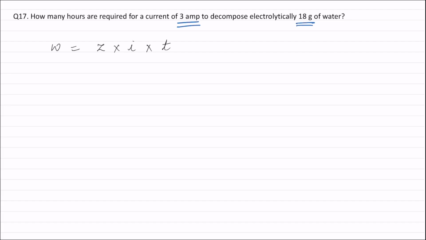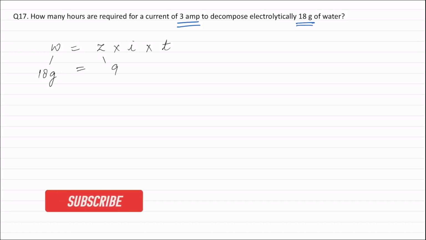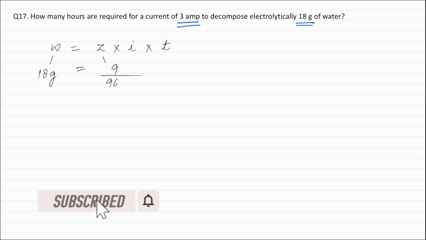The weight of water is given as 18 gram. Value for Z is equal to equivalent weight of water, that is 9, divided by 96500 coulombs. Value for current is given as 3 amperes, and we have to find the value for time. Now, putting these values in this equation, we will get the time in seconds.